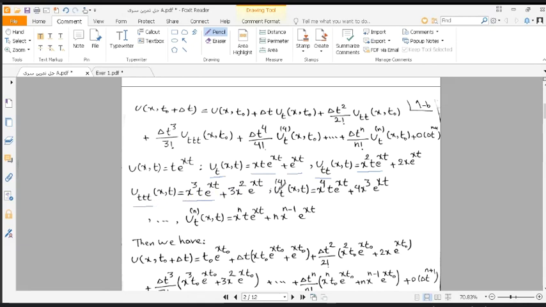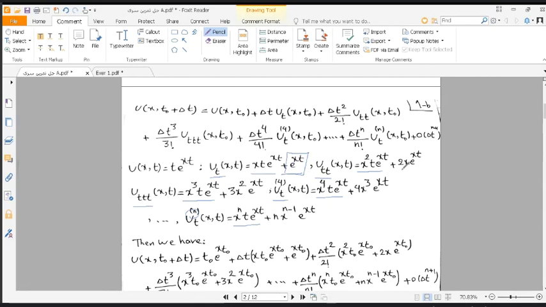The fourth derivative of u with respect to t is x to the fourth t e to the power xt. And for the nth derivative of u, we have x to the n t e to the power xt.